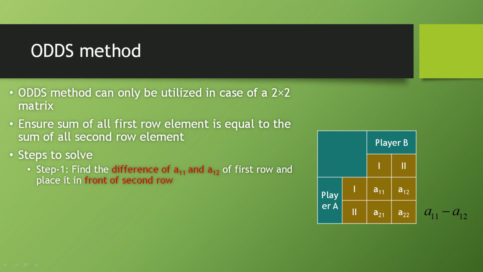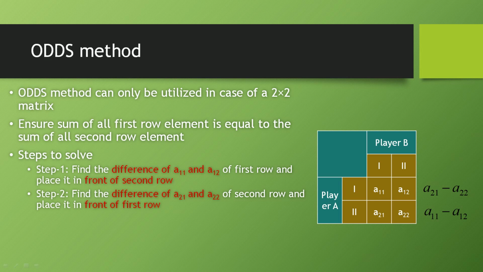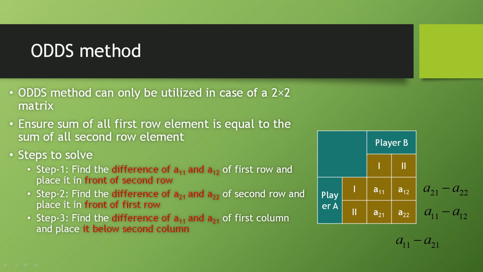The second step is find the difference of A21 and A22 of the second row and place it in front of the first row, just opposite of step 1. So here we have calculated the difference of A21 and A22 and placed it in front of the first row. Step 3. What we have done for the rows, now we will do for the columns.